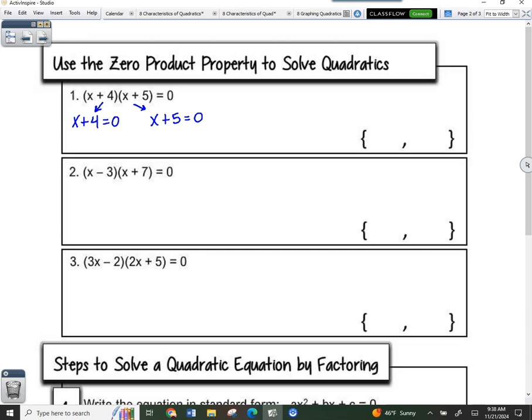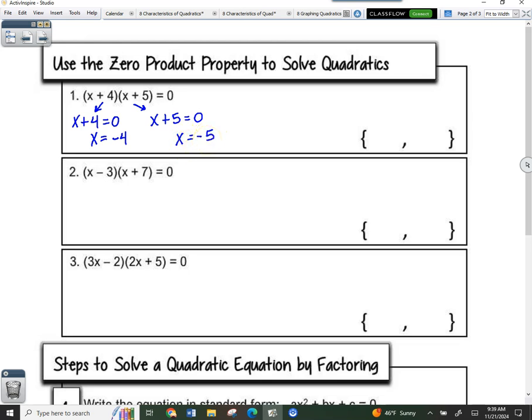So x plus 4 equals 0, subtract the 4, what do you get? You get x equals negative 4. What about here? x equals negative 5.